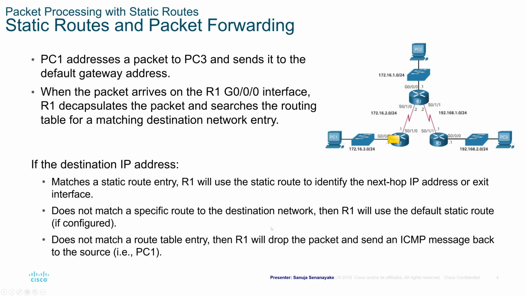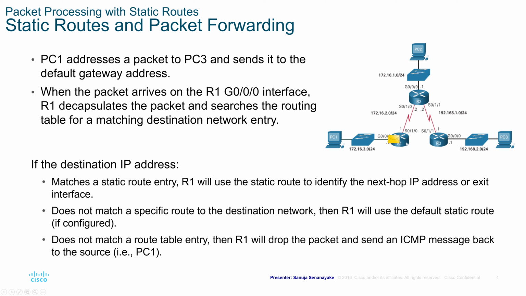So these are the three options that could happen when PC1 sends a packet addressed to PC3 through this network. As we learned in the past modules, you should be familiar with what I'm talking about, because this is basically putting everything we learned in this course together in a simple network environment. We have a packet addressed from PC1 to PC3, and PC1's default gateway is R1's G0/0.